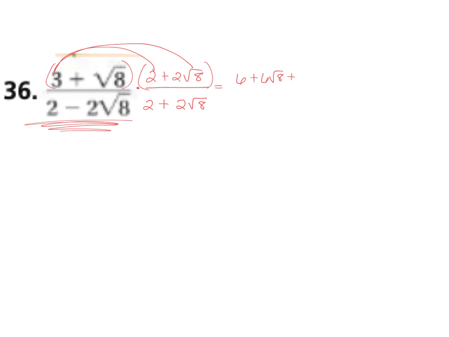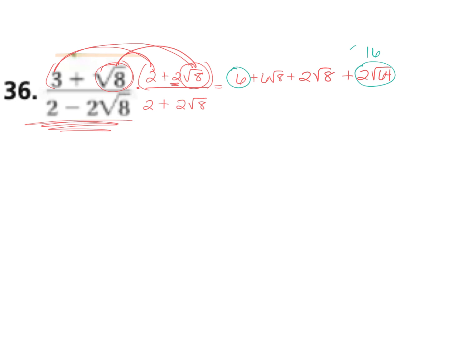Then your inside is 2 rad 8. And your last is 2 times rad 8 times rad 8. So 2 times rad 64, or you can just right off the bat say 2 times 8. So 2 times rad 64 is 16.